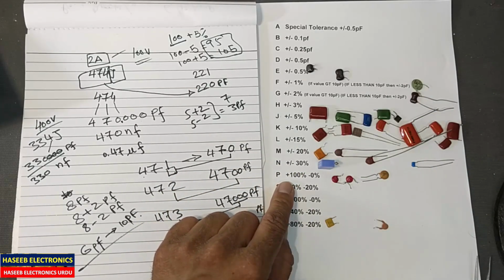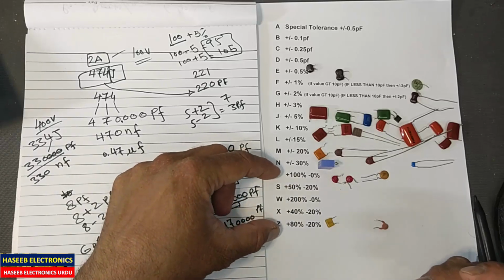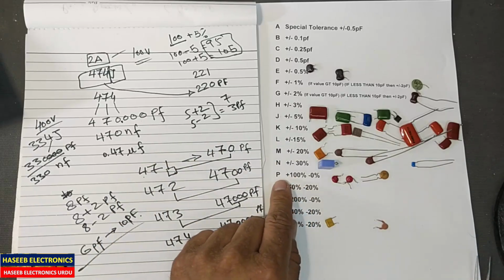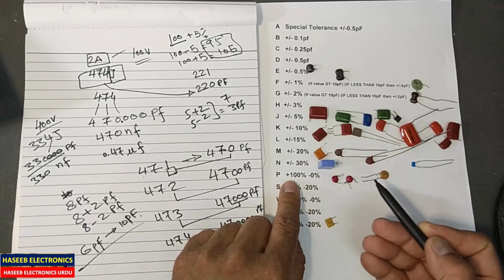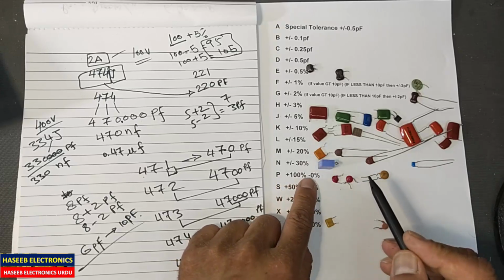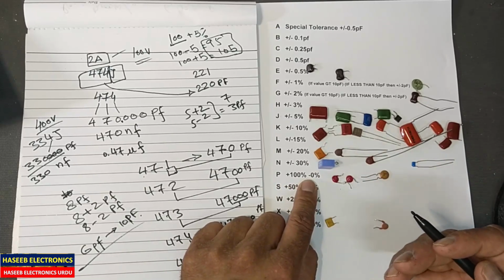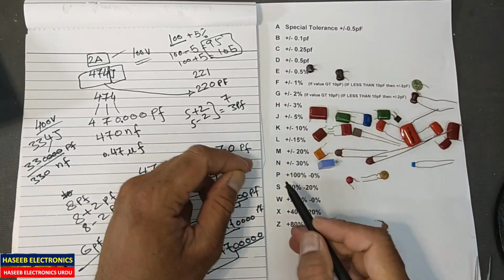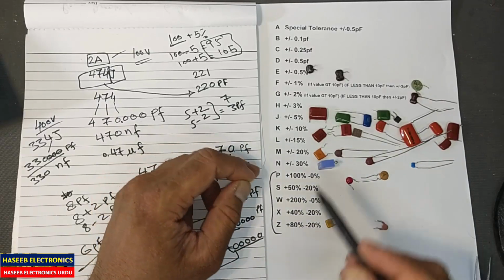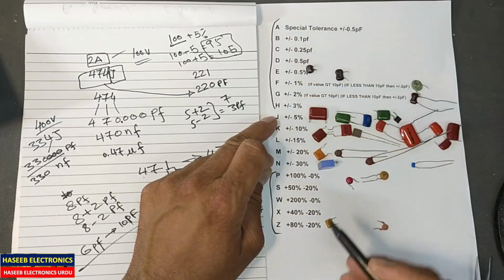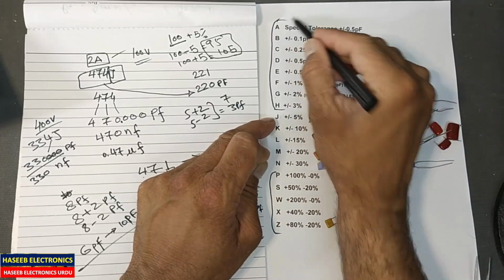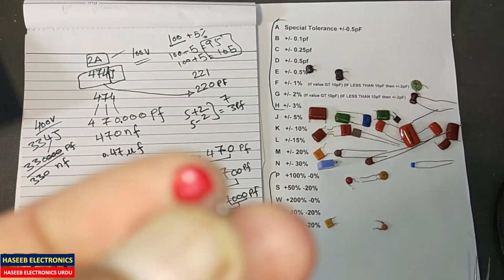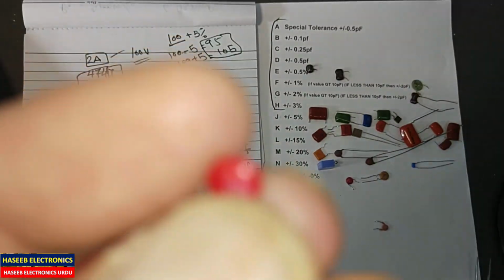Then the digit P. This is another very special category. Its capacitance can increase 100%, double, but it will not decrease. In some circuits we need these capacitors, so this is also very special. As we discussed before, H, this is a special range. These are used in signal generators, frequency synthesizers, communication equipment.